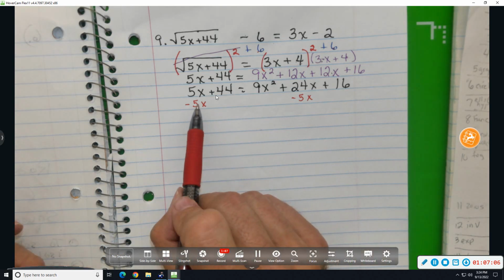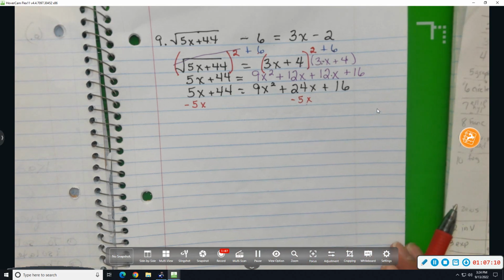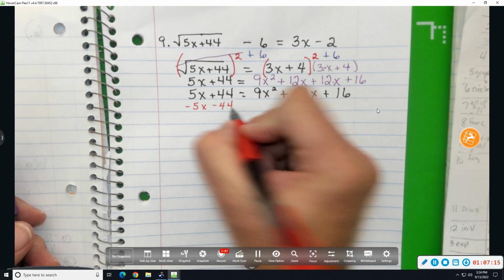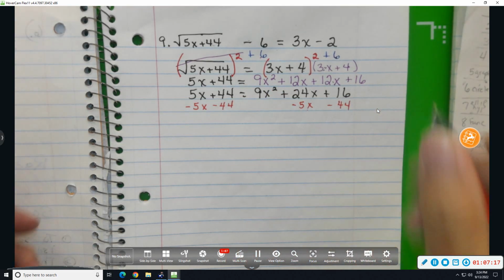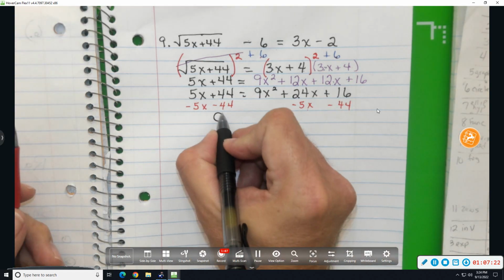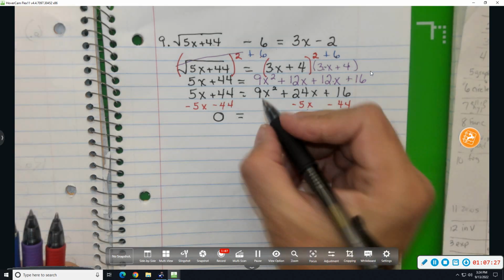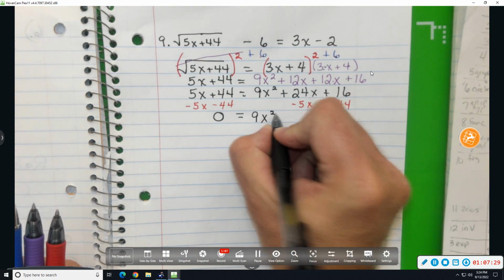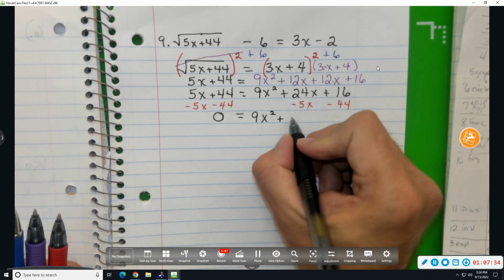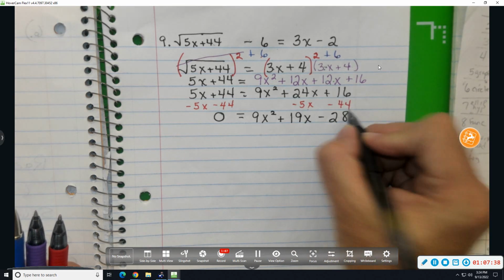So I'm going to subtract 5x from both sides, and I'm also going to subtract 44. So on the left I have a 0, and on the right, 9x squared plus 19x minus 28.